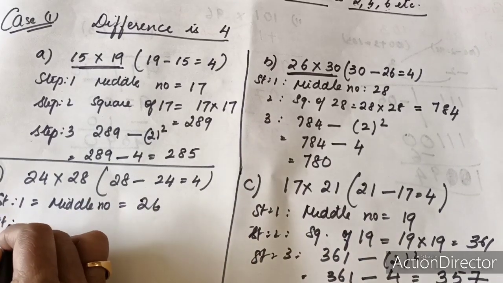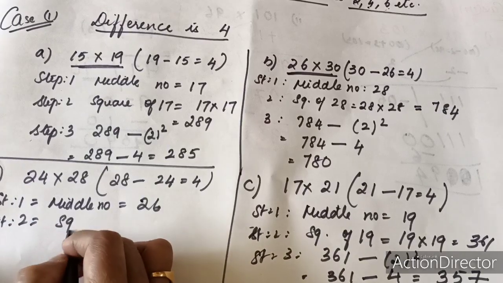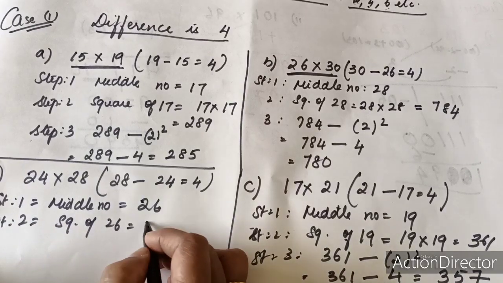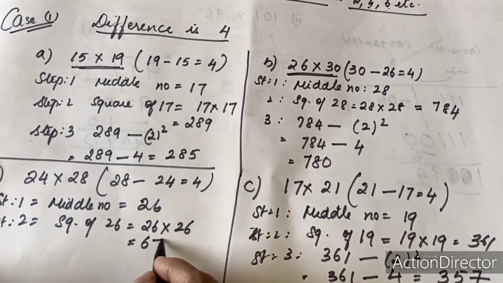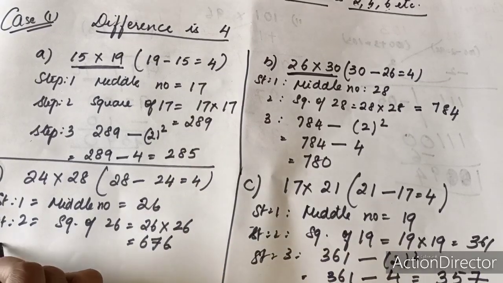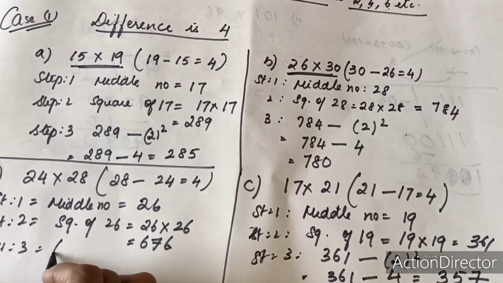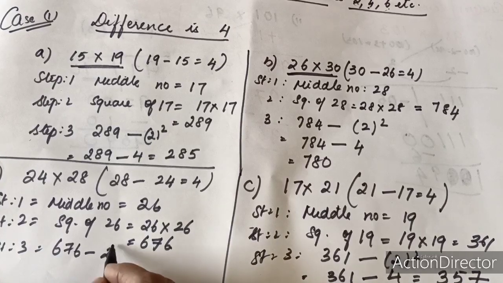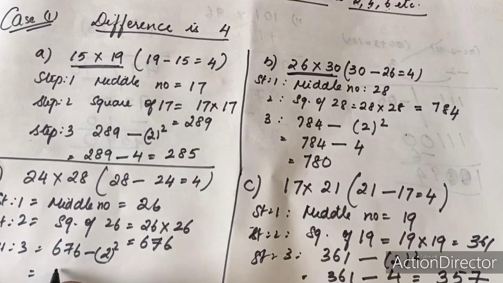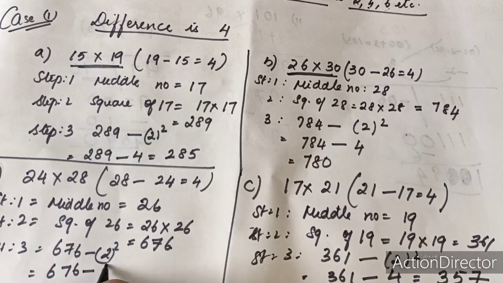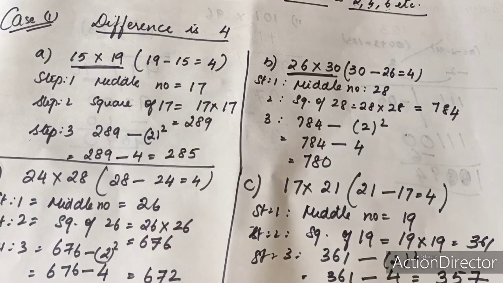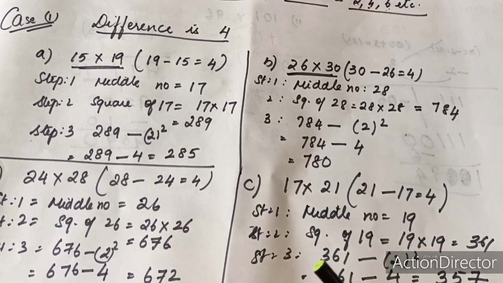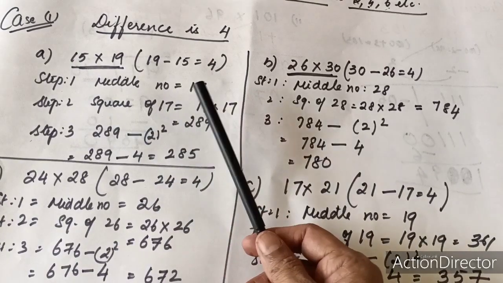Step 2 will be square of 26, which is equal to 26 multiplied by 26 gives me 676. Step 3 will be subtract 2 square from 676, that is 676 minus 4, which gives me 672. So this is the method to multiply two numbers when the difference is 4.